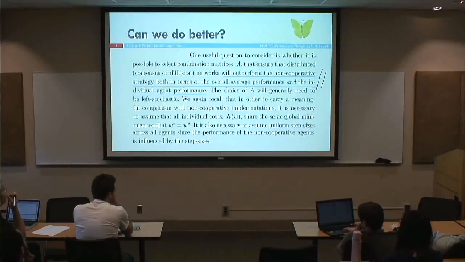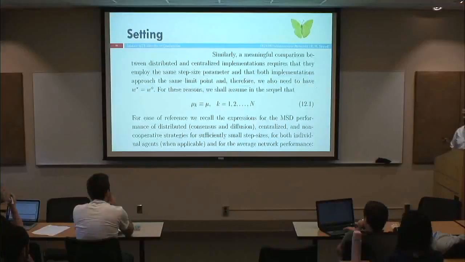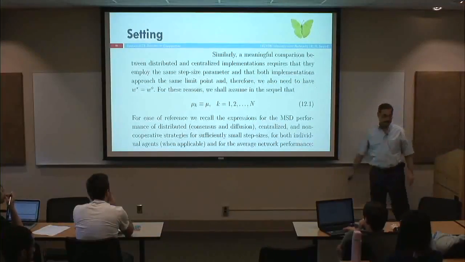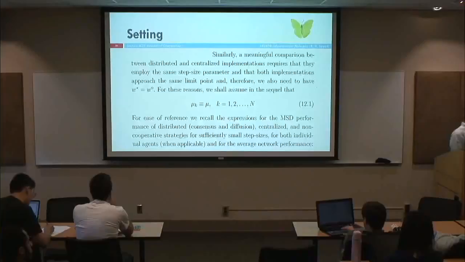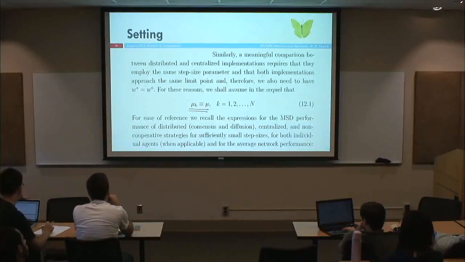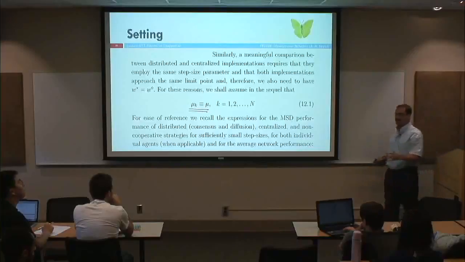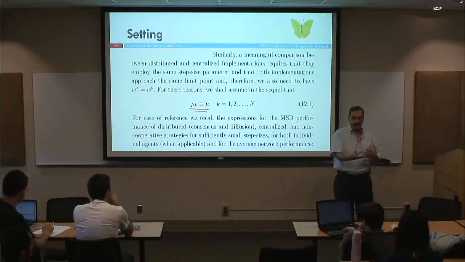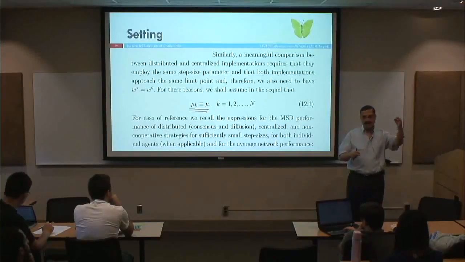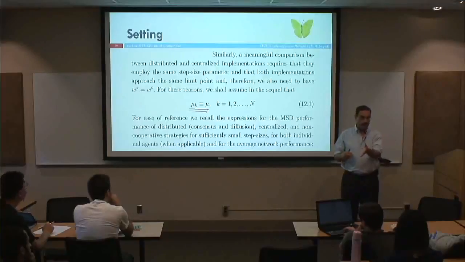So I'm going to answer these questions in the general case, not just for quadratic costs, but for general convex costs. So this is my setup. I'm going to assume the step sizes are uniform across the agents. Why? Because I'm comparing with the non-cooperative case. The performance for each non-cooperative agent is proportional to mu.